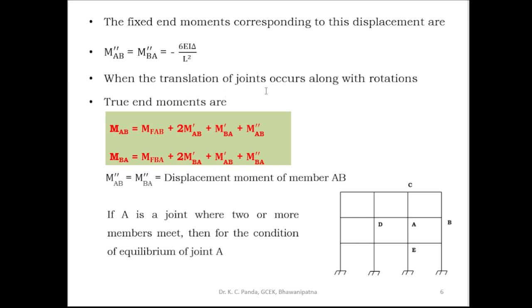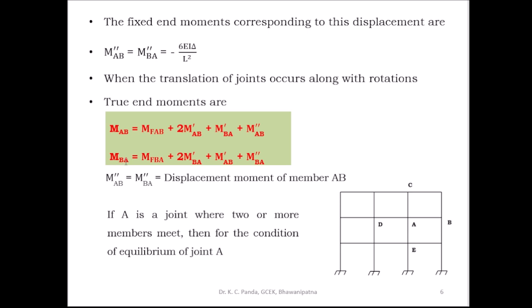When the translation of joints occurs along with rotation, the true moments can be calculated by using this formula. The true end moment MAB is equal to MFAB plus twice the near end rotation moment plus once the far end rotation moment plus the translation moment M double dash AB.